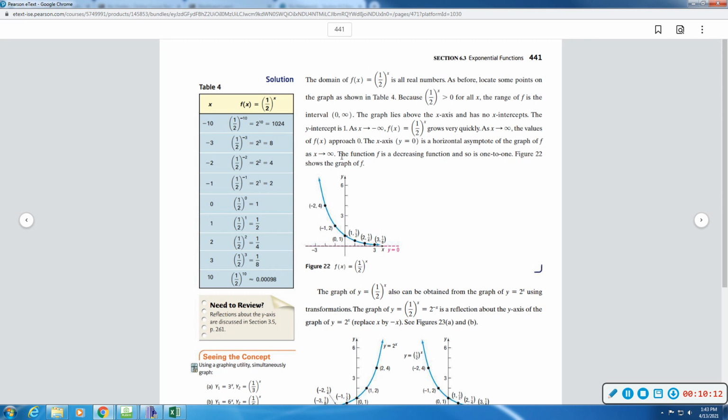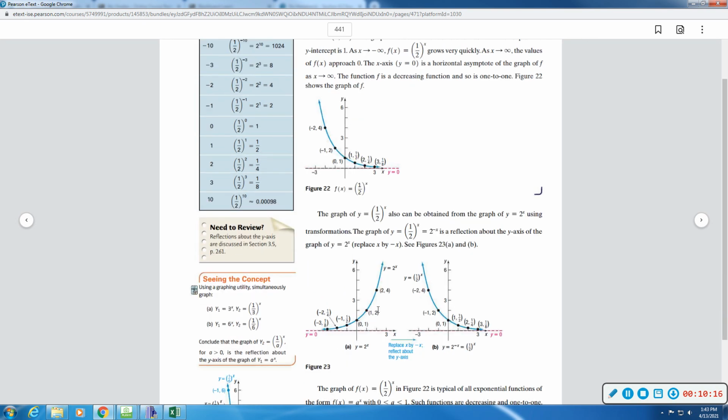Let me go on. I want to find some equations. So notice we have two different graphs here. Let's look at these. This one is called exponential growth. Growth is when your base is greater than 1. It's going upward. Exponential decay is when your base is less than 1 but greater than 0, or 1/2.